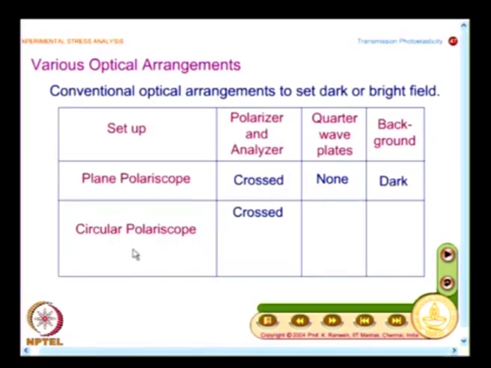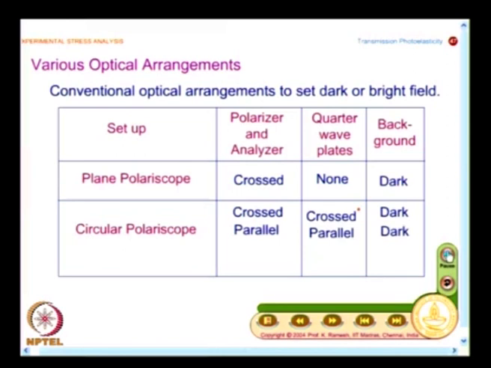And in the case of a circular polariscope, I can have many arrangements, but only popular ones are labeled here. I can have the polarizer and analyzer crossed, then when I have quarter wave plates crossed, I get the background as dark.